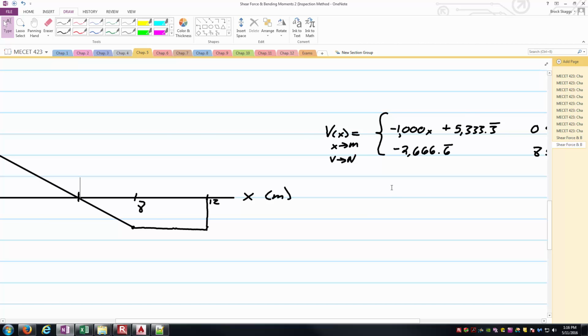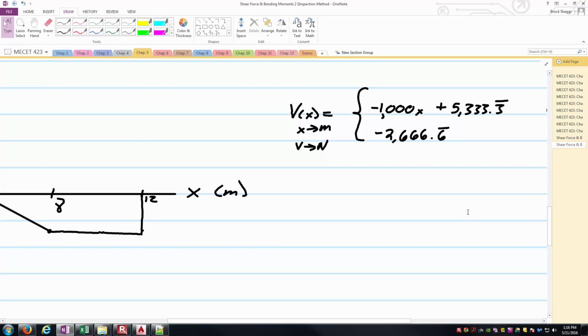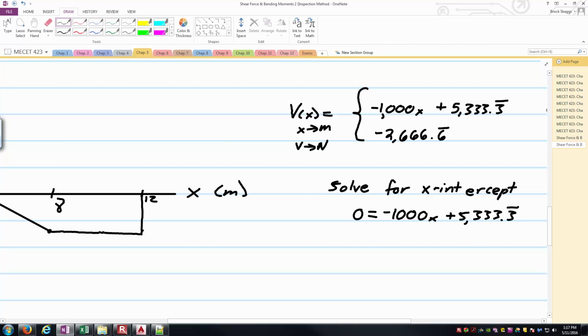If I set that equal to 0, I should be able to solve for x-intercept. Taking 0 for the left side, V1 as a function of x, that is negative 1,000 times x plus 5,333 and a third. Solving for x, it's 5,333 and a third divided by 1,000, and you end up with 5 and a third.